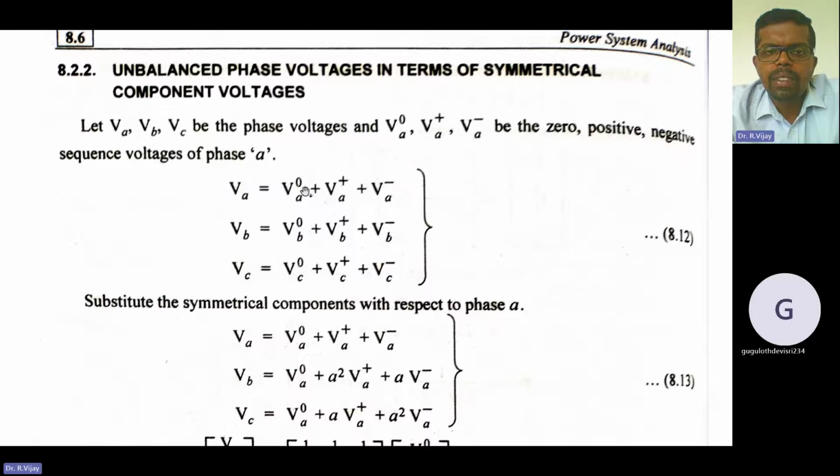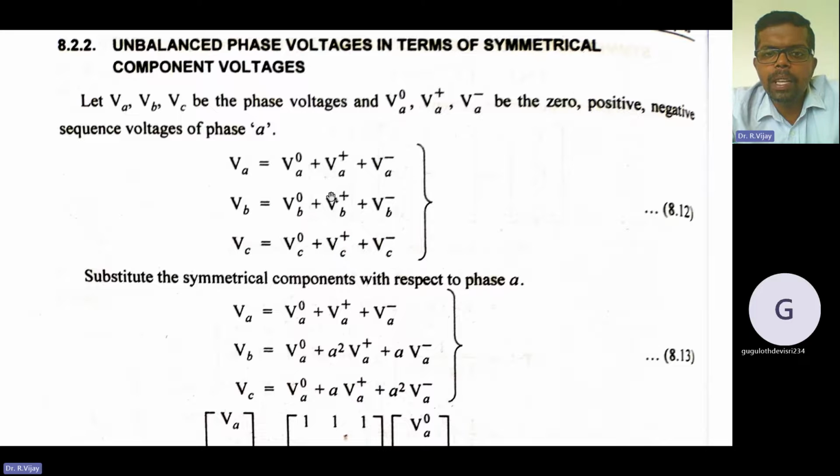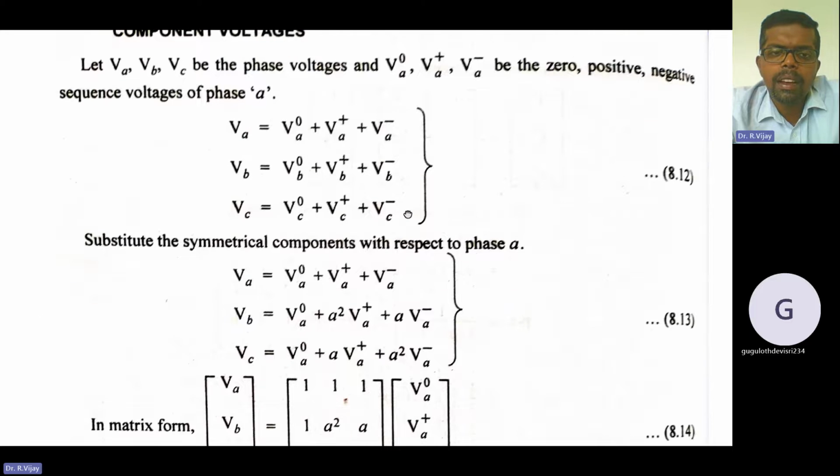VA is equal to VA naught plus VA plus VA minus. Similarly, VB is equal to VB naught plus VB plus VB minus. That means the phase voltage consists of all your zero, positive and negative sequence voltages. Similarly, VC is equal to VC naught plus VC plus VC minus.